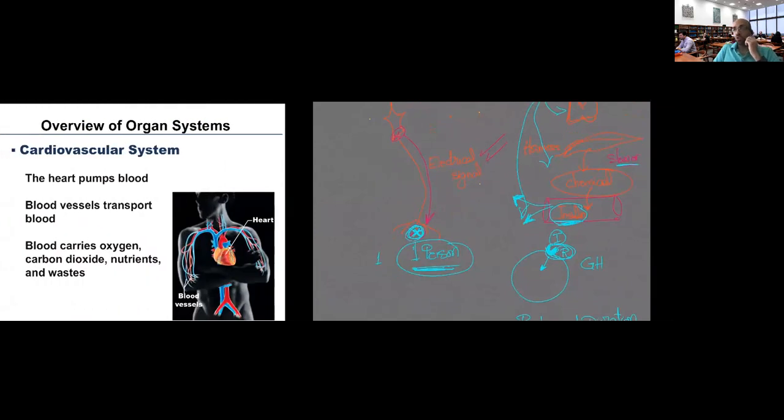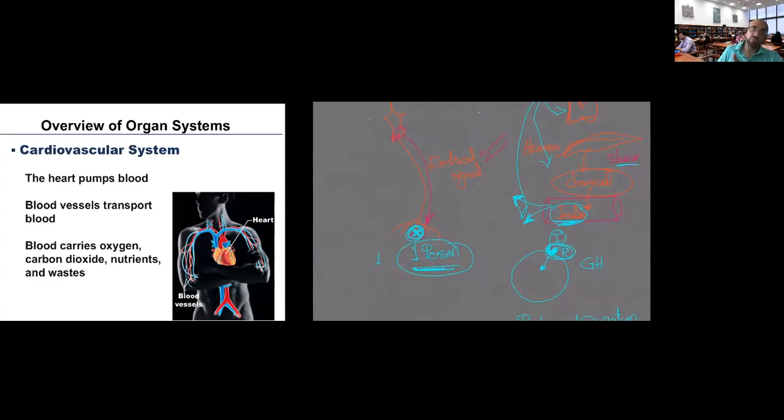Another organ system, which we won't be discussing in this course, but you're going to be discussing later on in AP2, if you're taking AP2, is going to be the cardiovascular system. And the main function here is to allow you to pump the blood, delivering oxygen.